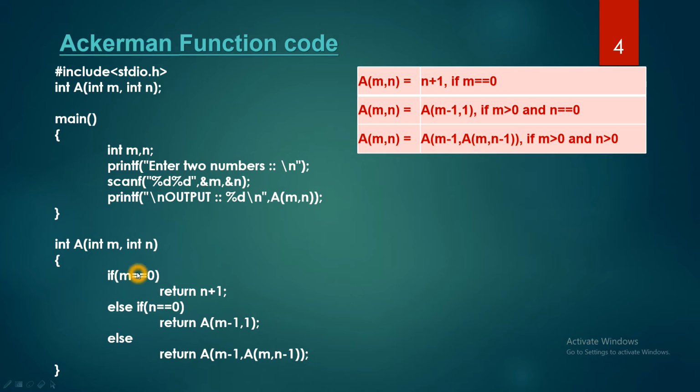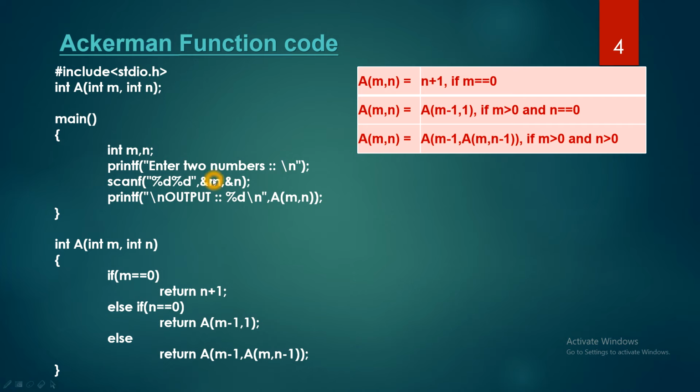First is m equals 0. If m is not equal to 0, then it is greater than 0. If it is greater than 0, then check whether n equals 0 or not. If n equals 0, you apply rule 2. And if n is also not equal to 0, then both are greater than 0, so come to the else part and return the last line.